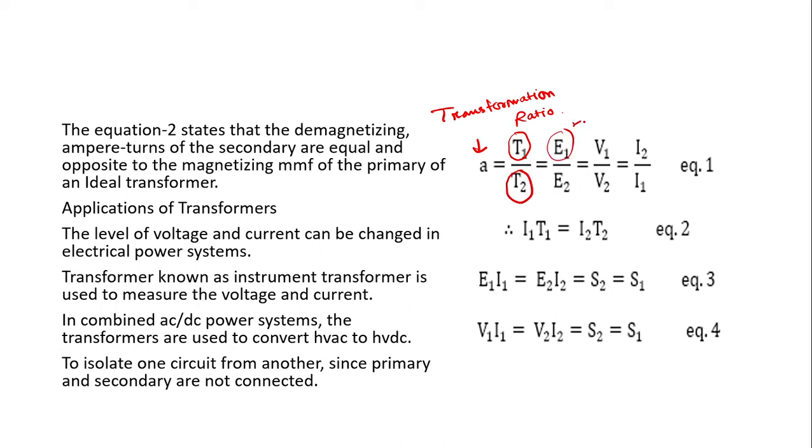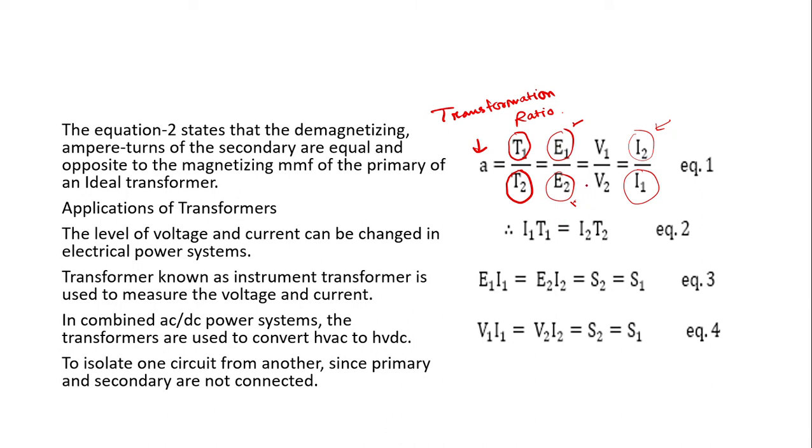E1 is the induced voltage in the primary and E2 is the induced voltage in the secondary. V1 is the supplied voltage in the primary, V2 is the voltage in the secondary, I2 is the current in the secondary, and I1 is the current in the primary. So here you can see that the current is inversely proportional to the number of turns, the induced voltage, and the primary or secondary voltage of the transformer, right?